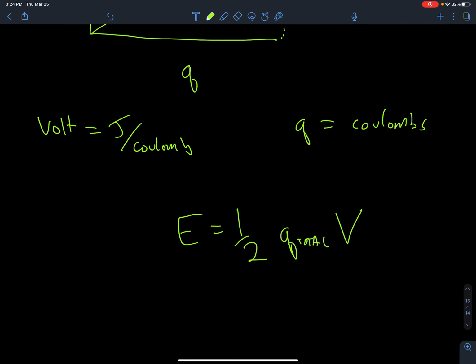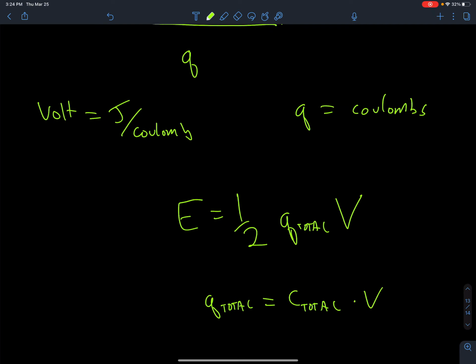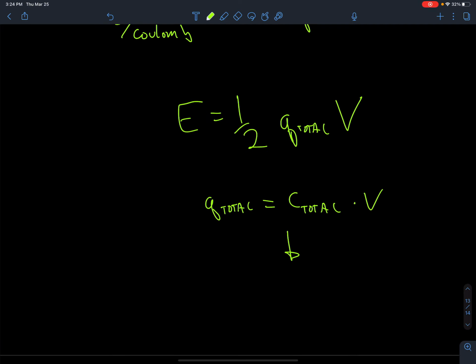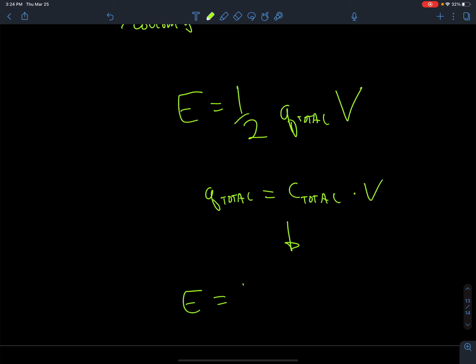And remember, Q total is equal to C total times V. So another way of looking at this formula would be E is equal to 1/2 C total times V squared. Both of these formulas are the same.